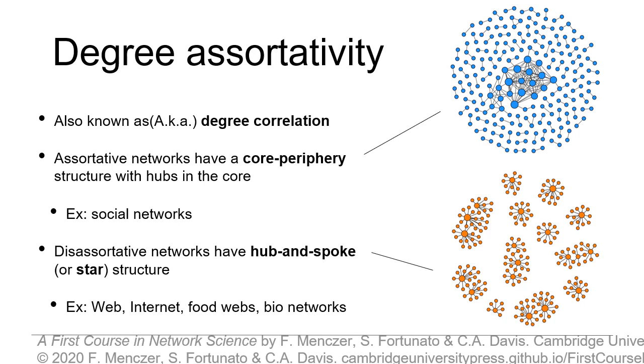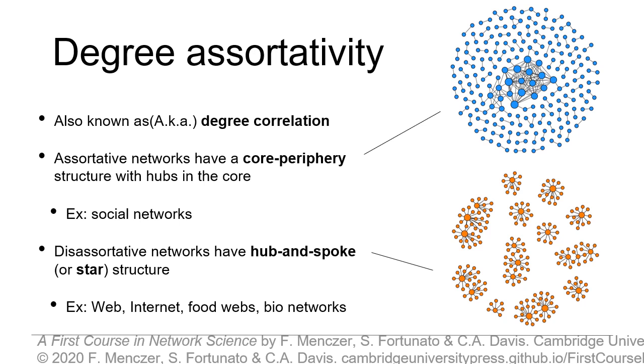Associative network means similar degree nodes are connected to similar degree nodes. For example, here the circle is the degree of each node. They are connected to each other. High degree nodes connect to high degree, and low degree nodes connect to low degree. That is an associative network.